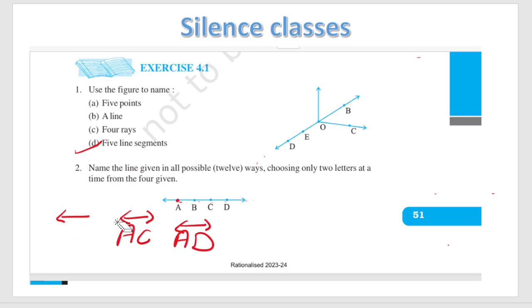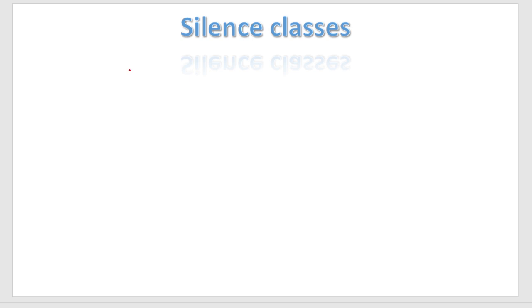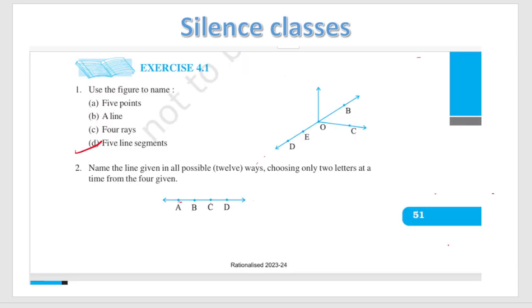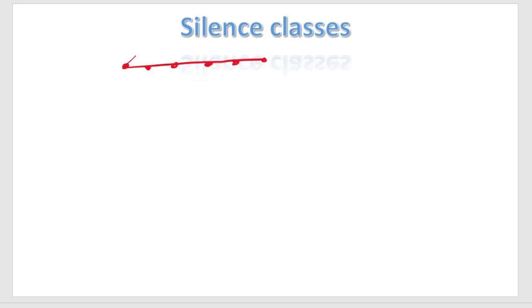Let's draw it on a new page. A, B, C and D, these are the points, these are the arrows. Now we are talking about AB, A and B like this. We are talking about BC.